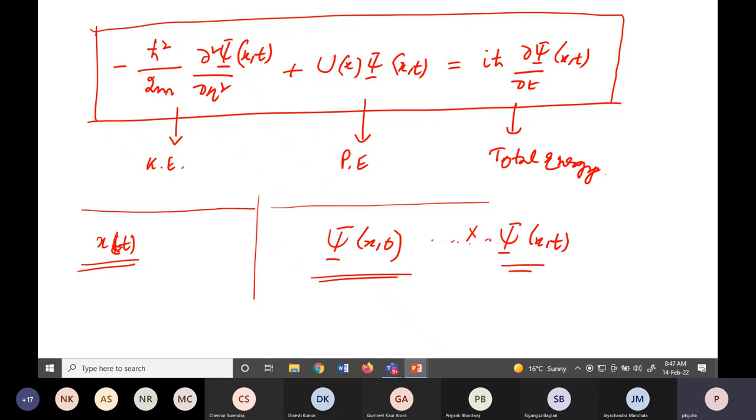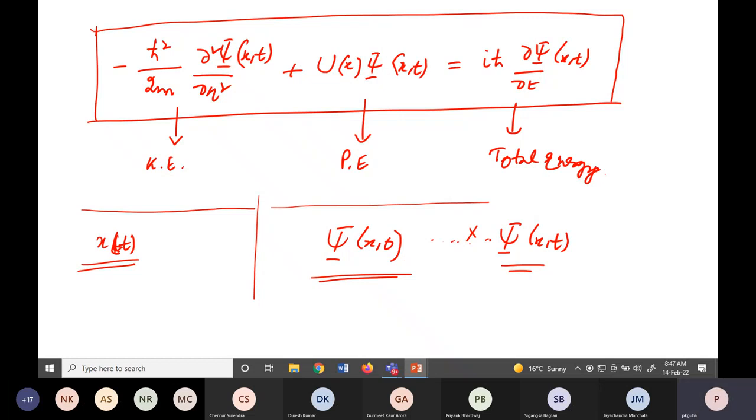Now the fallacy is, let me just briefly mention this. When we talk about a particle, it is localized at a point, but a wave is not localized at a point. A wave is spread out in space, right? So it is a function of x at a given time t. Now, how will it give you information?